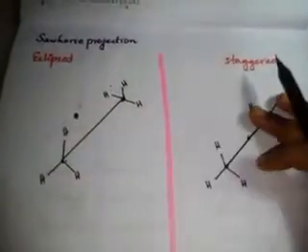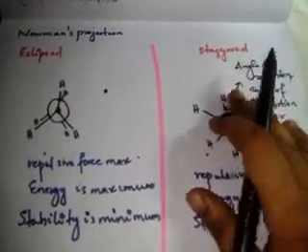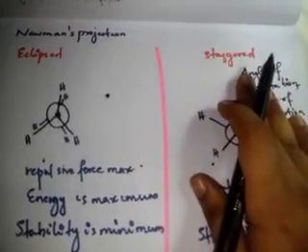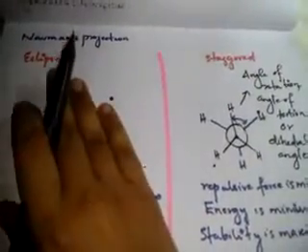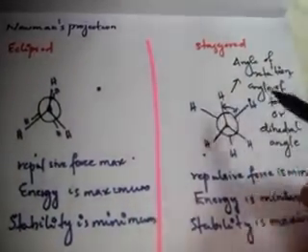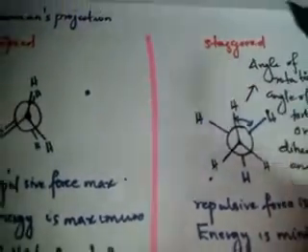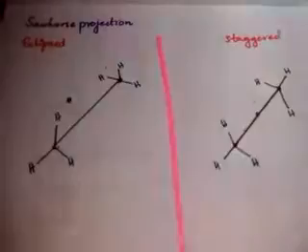So this is the Sawhorse projection and this is the Newman's projection of eclipsed and staggered conformation. We have learned that the staggered conformation is more stable than the eclipsed conformation, due to the arrangement of hydrogen atoms. The hydrogen atoms are arranged as far apart as possible in staggered conformation than in eclipsed conformation.